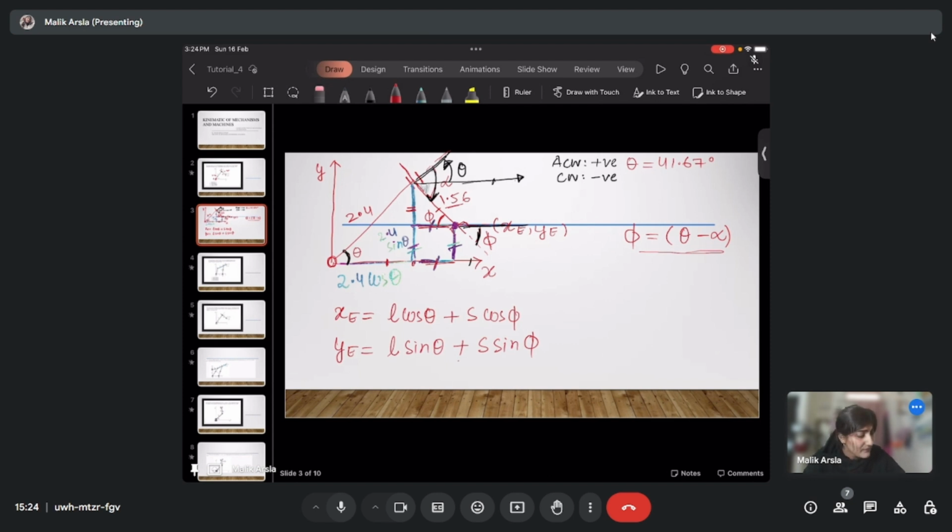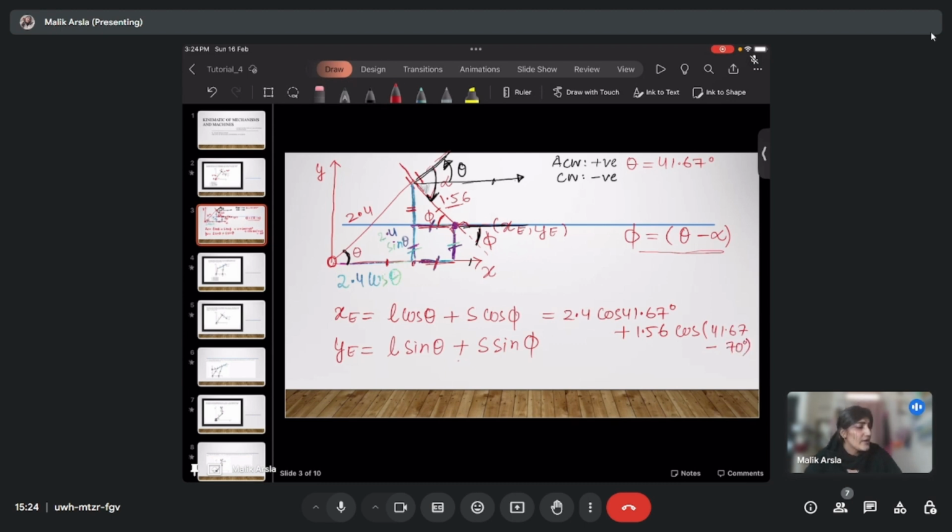So what is this here? L cos theta. L is 2.4 cos of 41.67 degree plus S is 1.56 and cos of theta, 41.67 degree, minus what is alpha? Alpha is 70 degree.